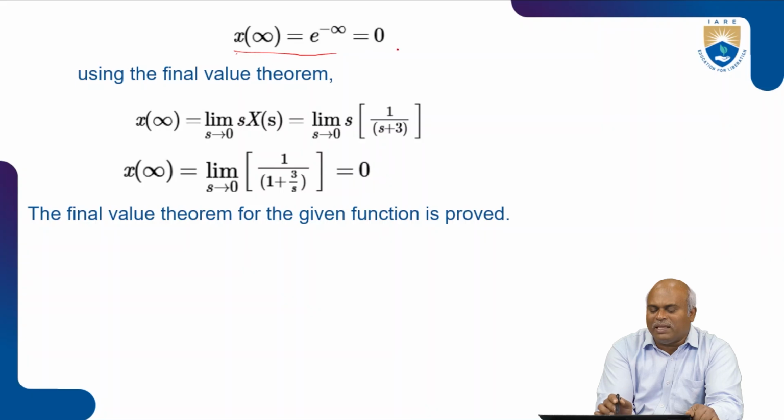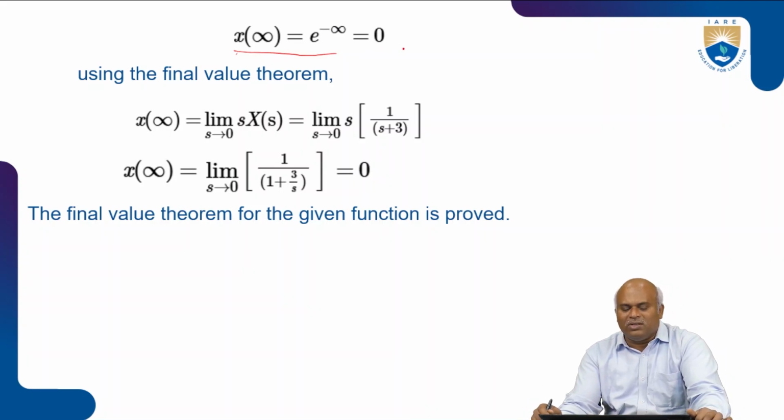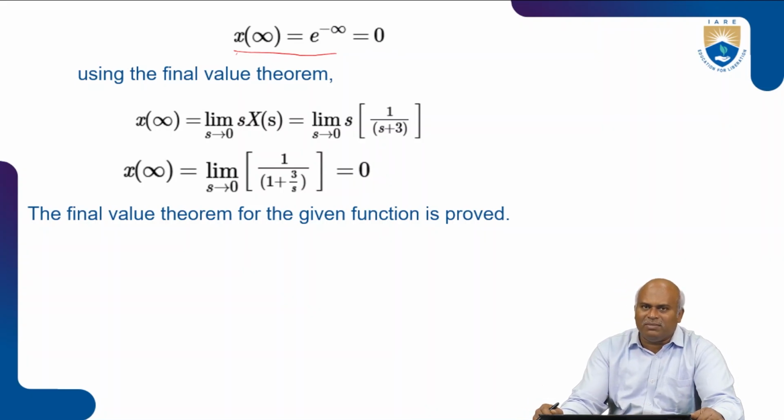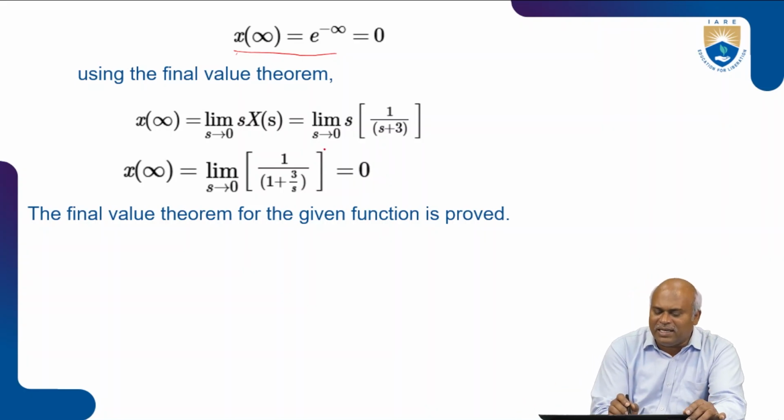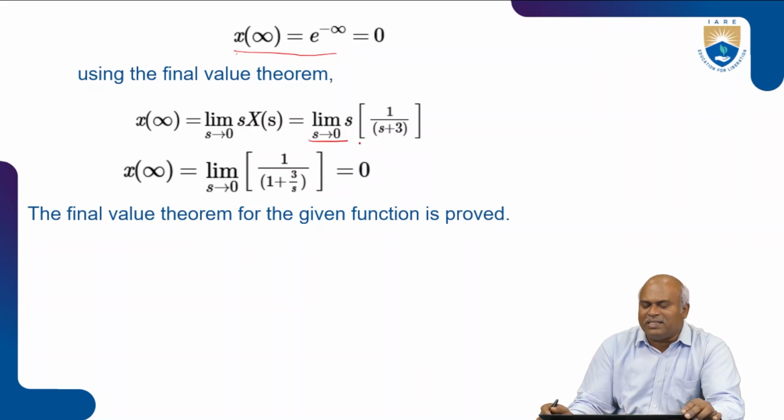So finally we got e^(-infinity) equal to 0. Then using the final value theorem, x(infinity) is equal to limit s tends to 0 of s X(s), equal to limit s tends to 0 of s into 1 by (s plus 3).